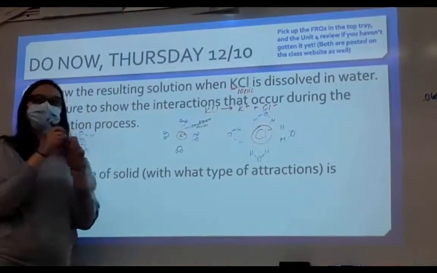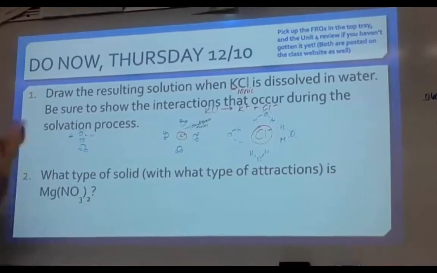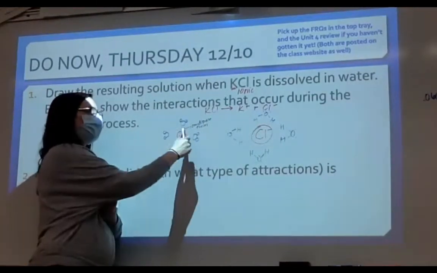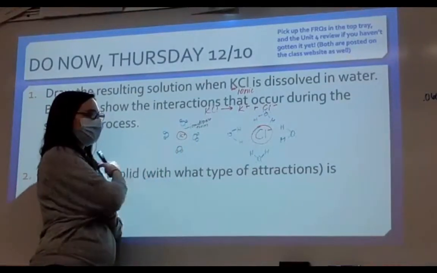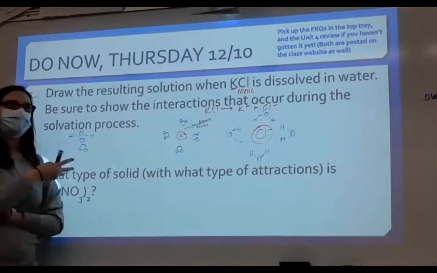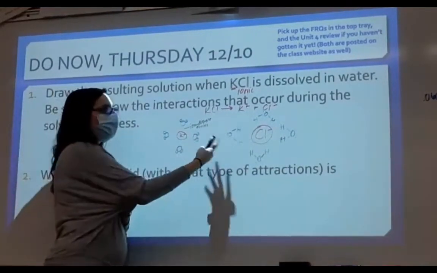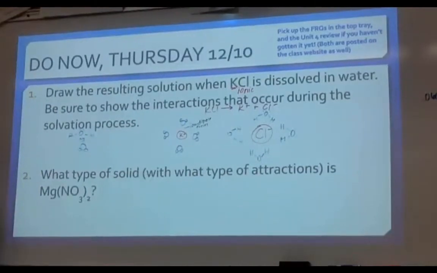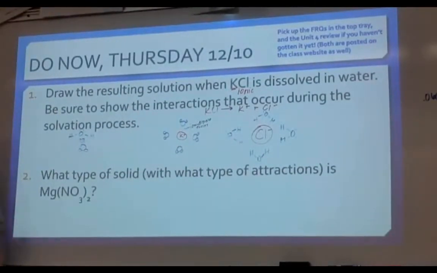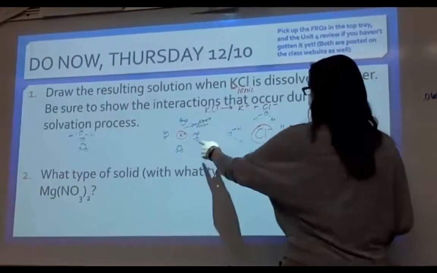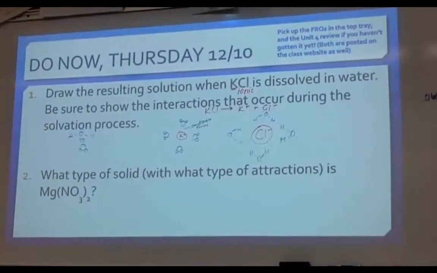Just like the magnets were, it's an attraction between two different substances, but these ion dipole forces are relatively strong. And so these are strong enough that we can separate the K+ and the Cl-. So we actually can break the ionic bond and form this solution because of these ion dipole forces.